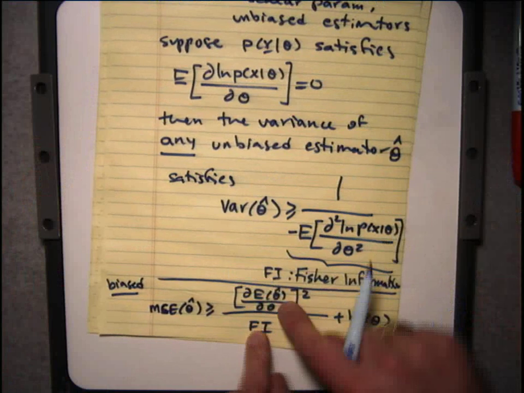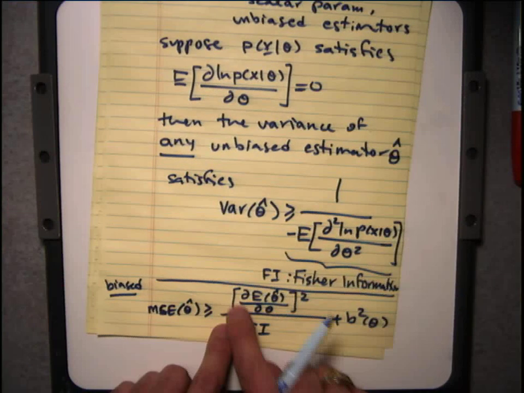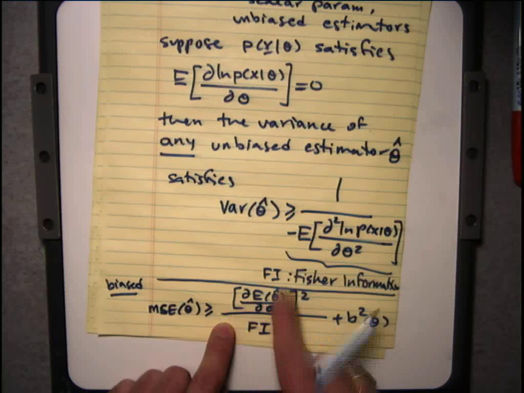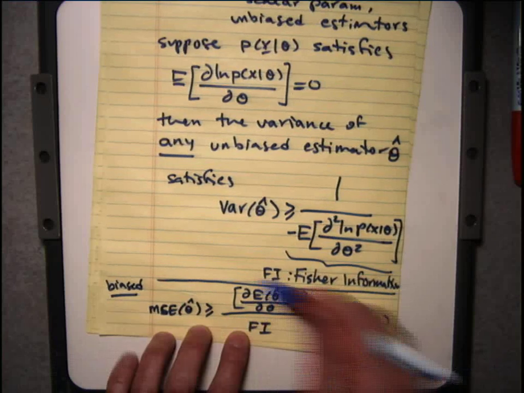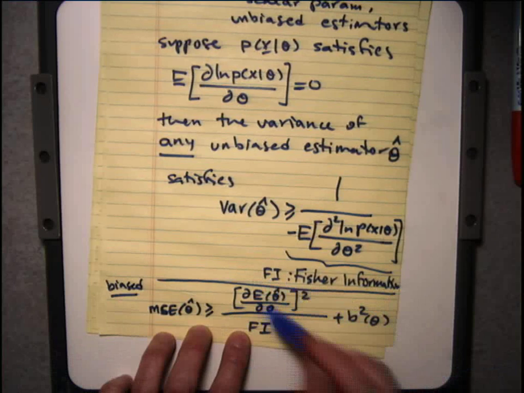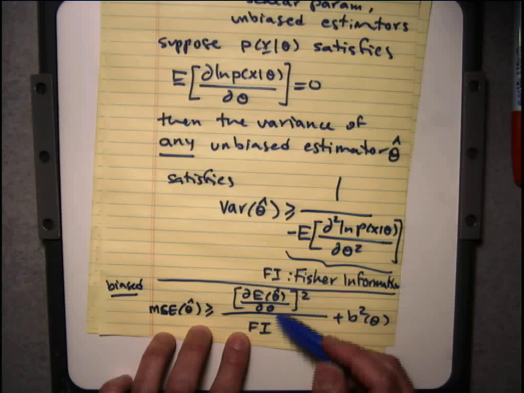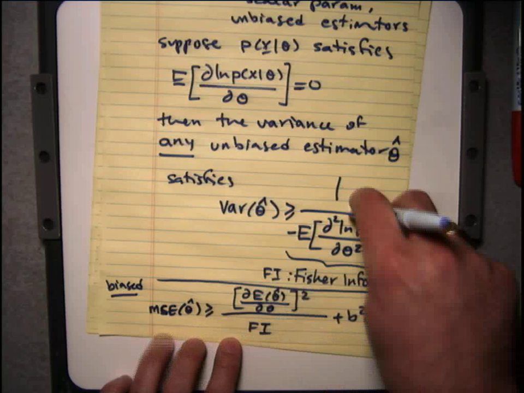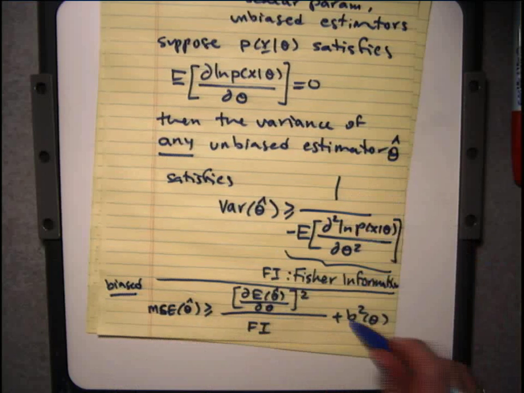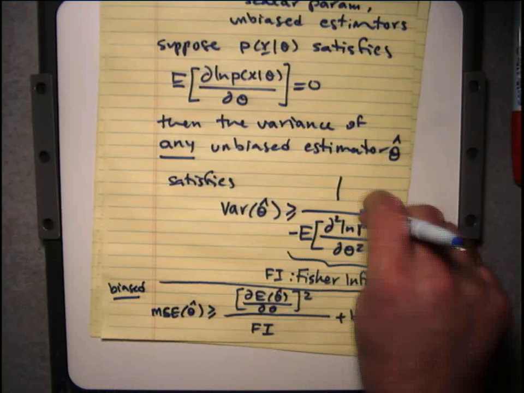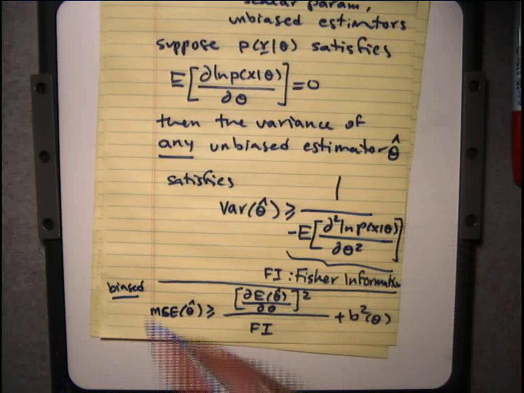If the expected value of theta hat is simply theta, then this derivative is 1, because d theta is 1. So this just defaults back to this case. I'm not going to prove this. I'm just going to do this one. Any questions about this?